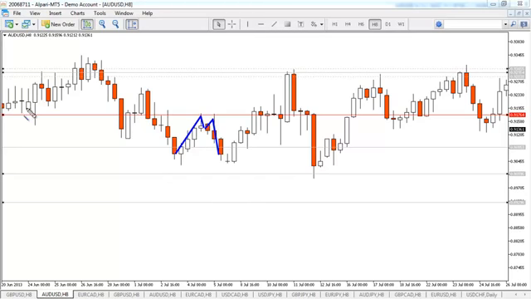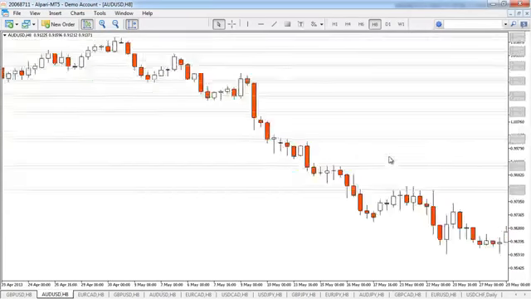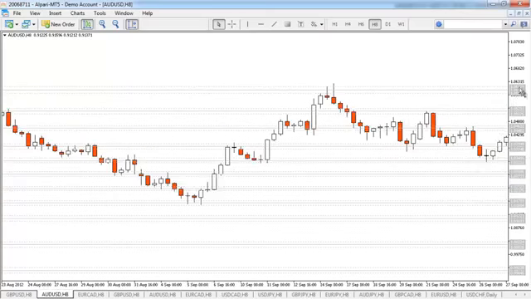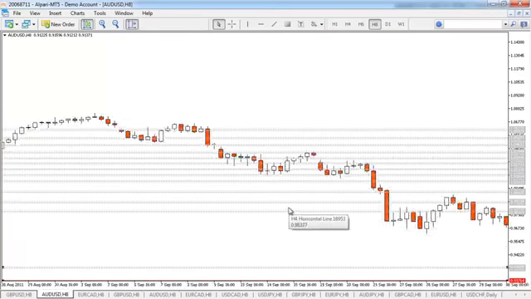Yeah, that's not too convincing there. All right, we see that as price tried to break through here, it bounced away. And those are the old ones I had, so we'll just keep dragging price back.